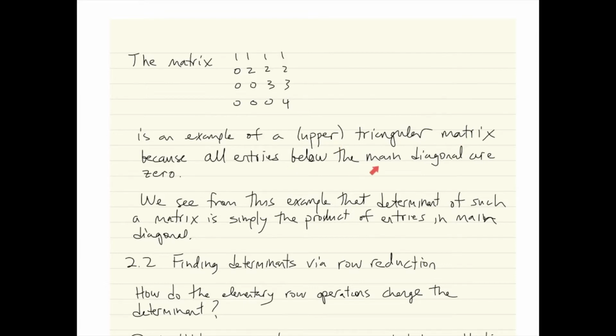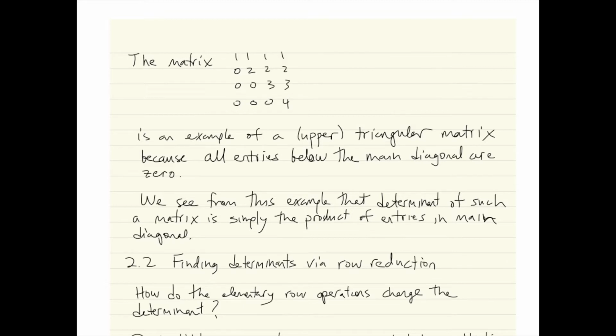All the entries below the main diagonal are 0, and when you have such a matrix, which comes up quite a bit, in fact we'll see it later on today, the determinant is simply the product of the entries in the main diagonal. Okay, let's move on to section 2.2, which is finding determinants via row reduction.